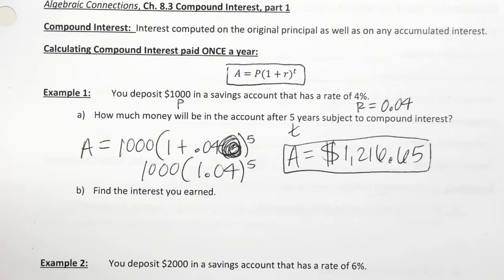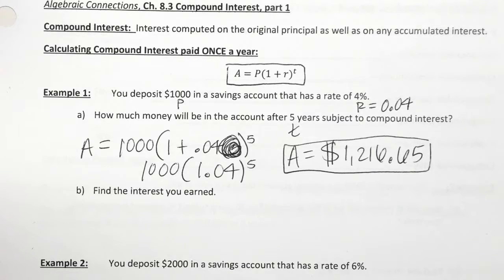Anybody else having trouble with their calculator? Yeah, ones like this, the TI-30A, will not have it. Everybody listening? On ones like this, it won't have it, so you'll just have to do 1.04 times 1.04 times 1.04 until you multiply 5 times. Okay.